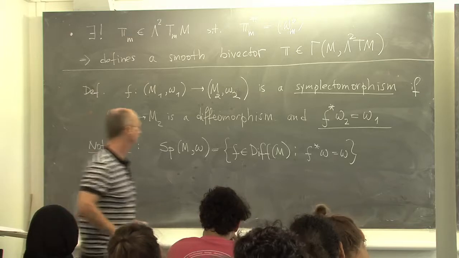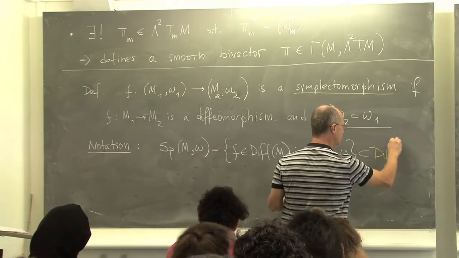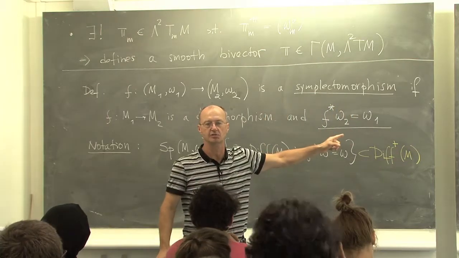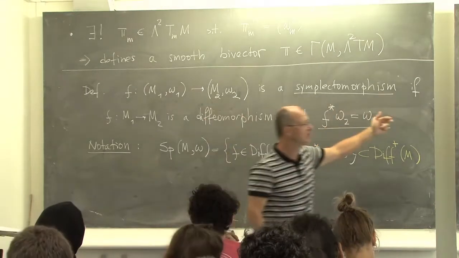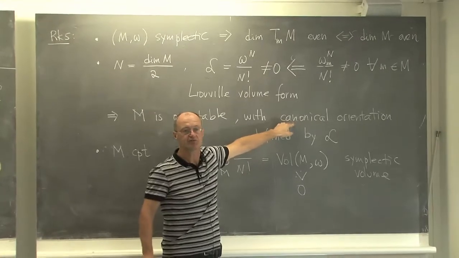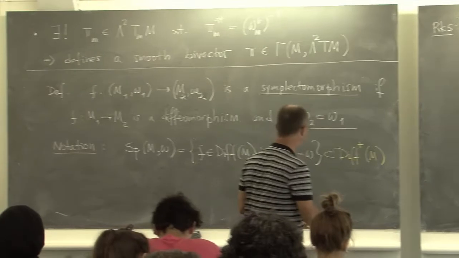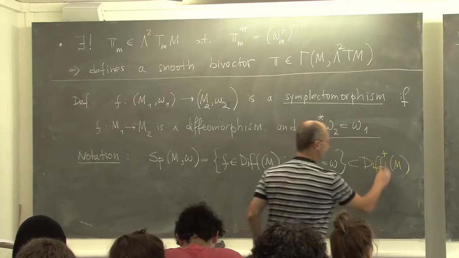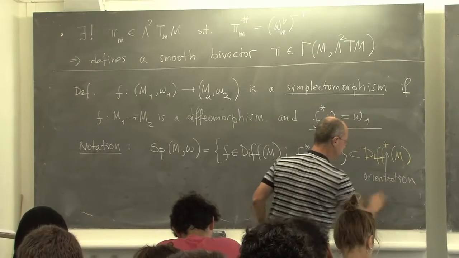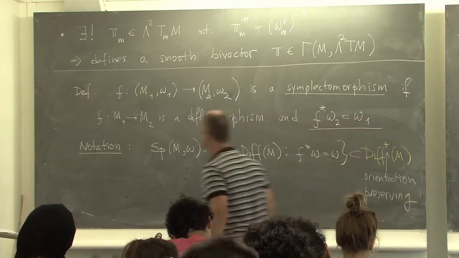Note that actually this is sitting inside Diff plus of M, where plus means orientation preserving diffeomorphisms, right? Because we know that the orientation is canonical, defined by the symplectic form, so therefore orientation preserving.